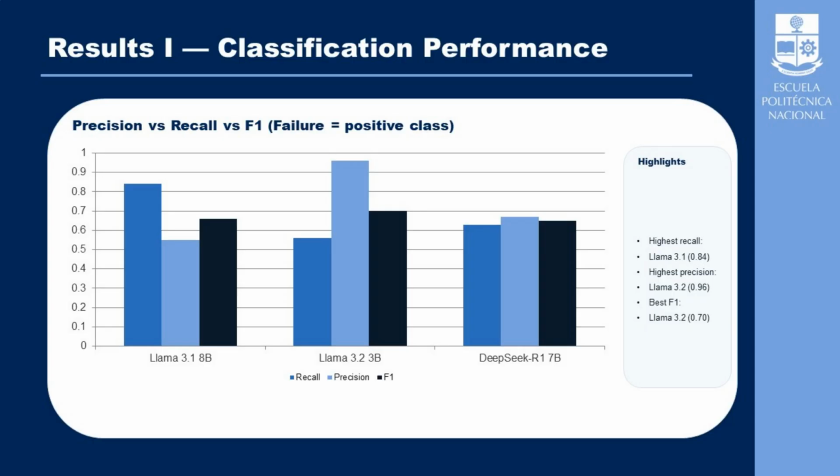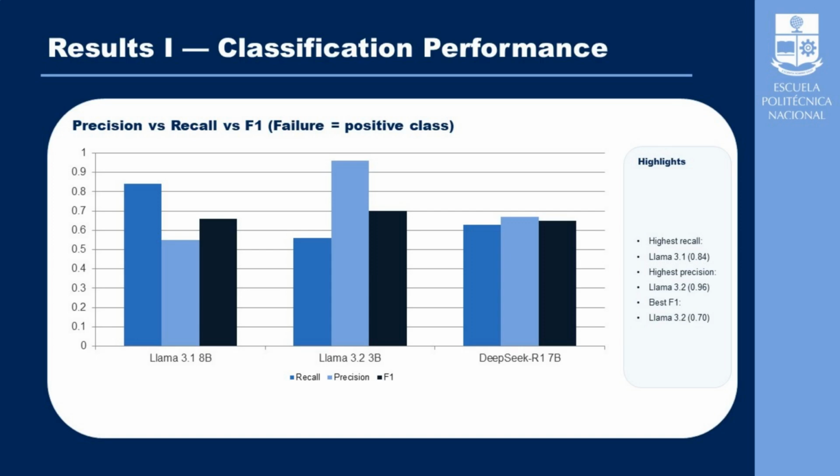Three models remain after excluding DeepSeek R1 1.5 billion. Llama 3.2 at 3 billion parameters achieves the highest precision of 0.96 and the best F1 score at 0.7. In other words, when it flags a package as incorrect, it is usually right, but it misses a non-trivial fraction of failures, reflected in its recall of 0.56.